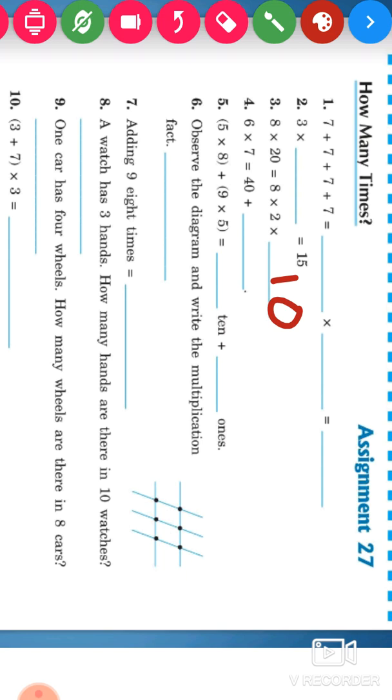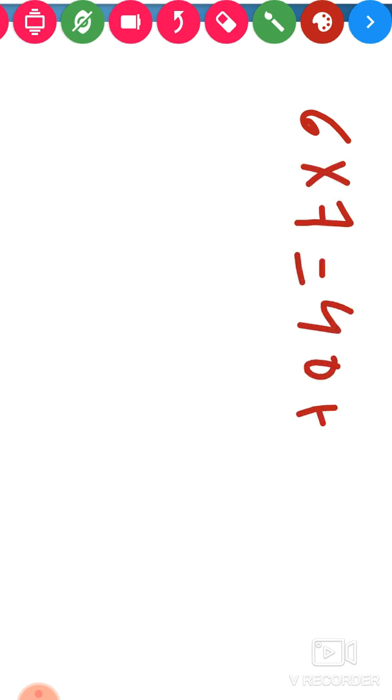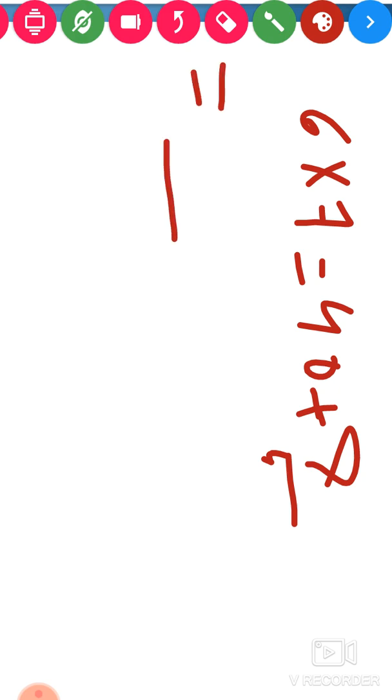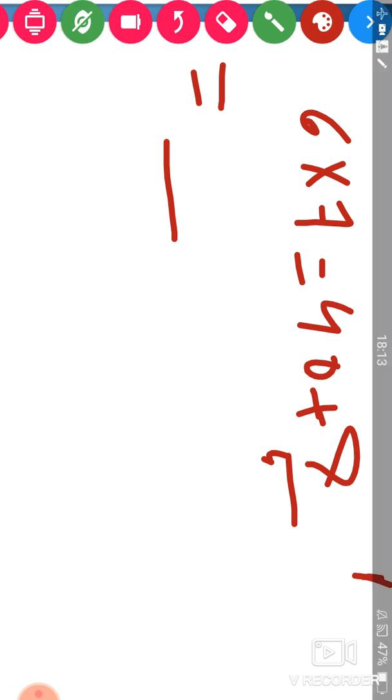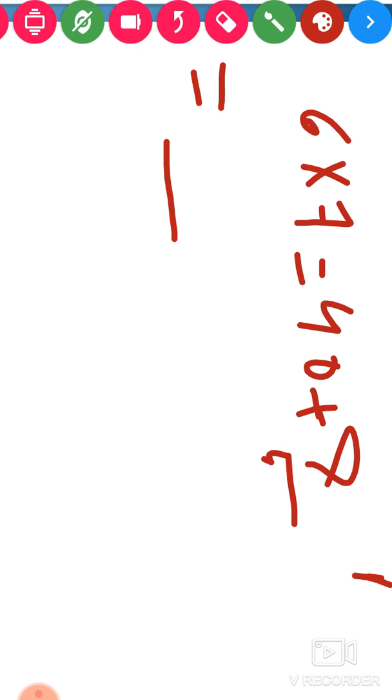Next question is 6 into 7 is equal to 40 plus what? 6 into 7 equal to 40 plus how much? A very easy question. So kids, tell me, 6 sevens are 42.